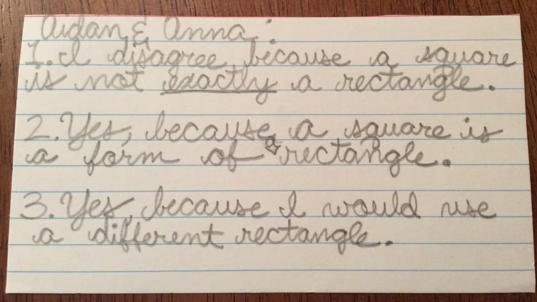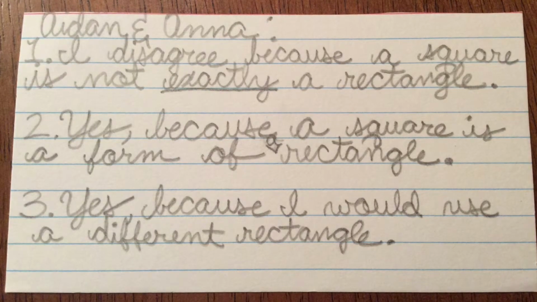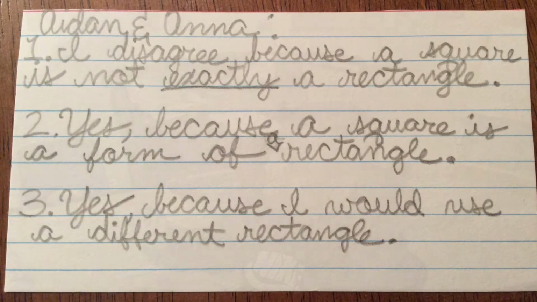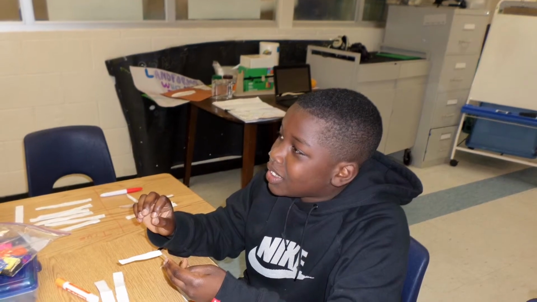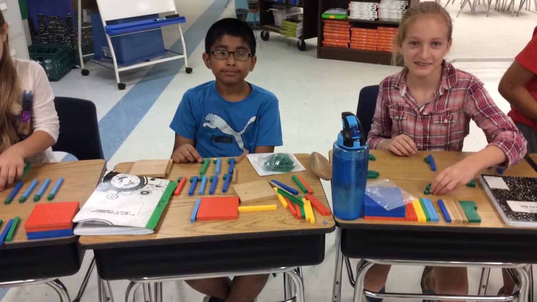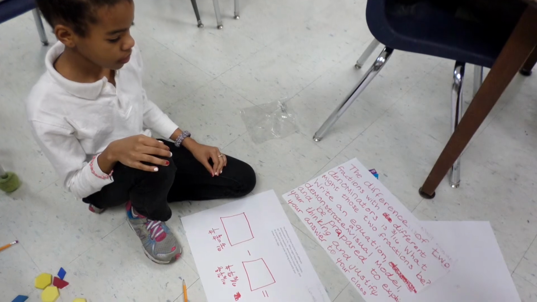The high-level thinking in my classroom has allowed students to generate their own questions. I plan to take these critique cards and develop a new lesson where students must prove a square can be a rectangle. High-level thinking and higher-order questioning occurs when you plan lessons that allow students to think critically and then listening as they begin to question for their own understanding.